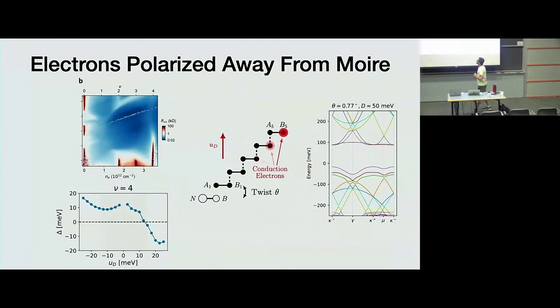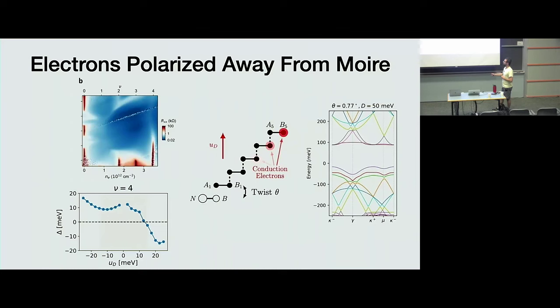So here's the experiment first. The experiment, thank you for the pointer, shows the fractionalized states are all up here off the data. And then down here on the opposite displacement field side, when the electrons are polarized next to the Moiré, you see this sequence of correlated insulators. So if we do Hartree-Fock at filling 4, using all species, then negative energies correspond to metals and positive correspond to correlated insulators.